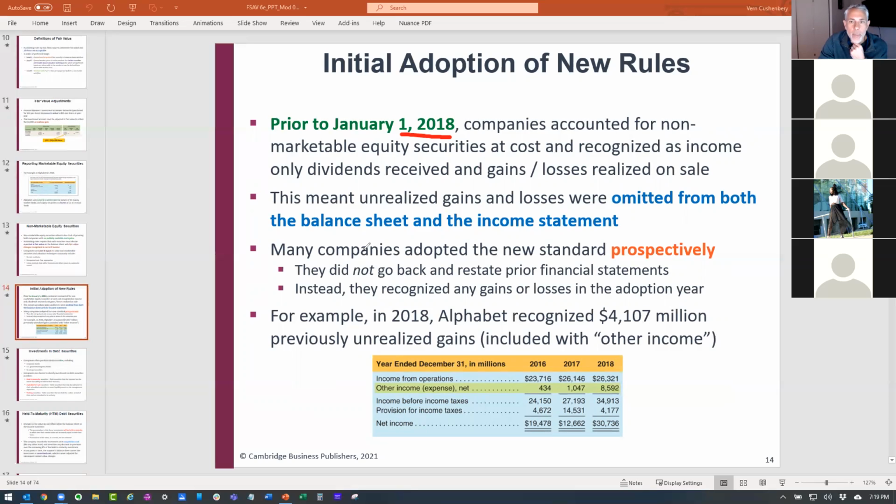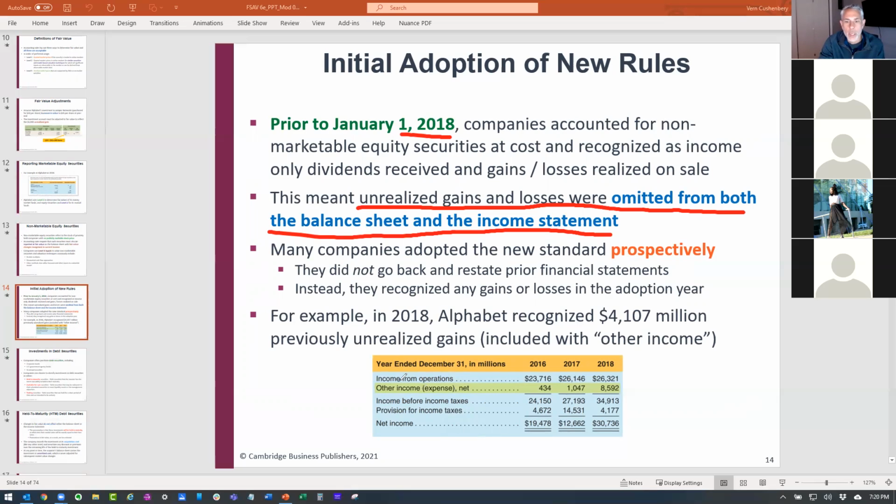So you need to be aware that prior to 2018, unrealized gains and losses were omitted from both the balance sheet and the income statement. We didn't used to mark-to-market securities like this. And so we made a change in the accounting. Now we do. You may not have apples to apples comparison. Just be aware of that when you're looking back.